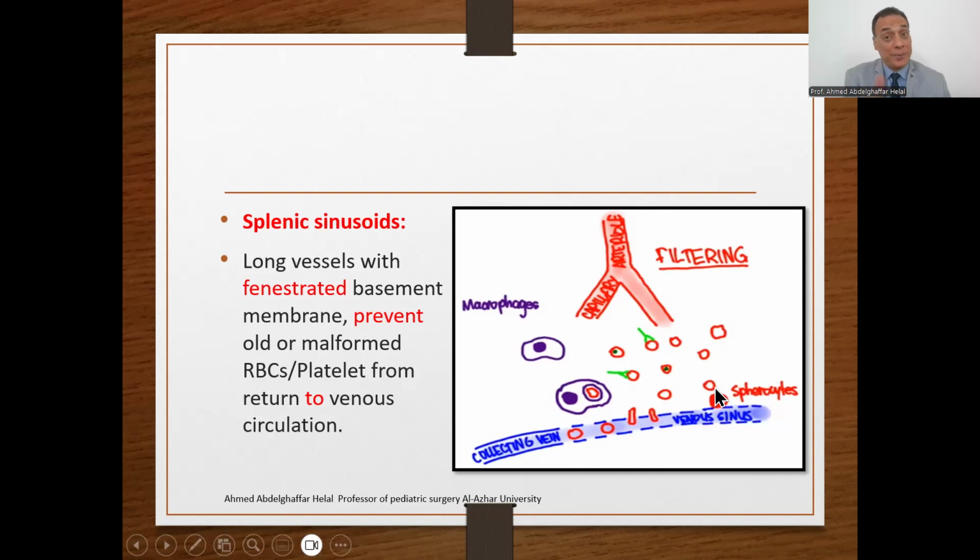However, the rigid RBCs, those with abnormal shape, abnormal hemoglobin, or RBCs attached to antibodies, called opsonized RBCs, will not pass through these very small slits or fenestrations in the splenic sinusoids. So these slits are very important. They allow only the healthy, flexible RBCs to modulate their shape and pass through these narrow slits.